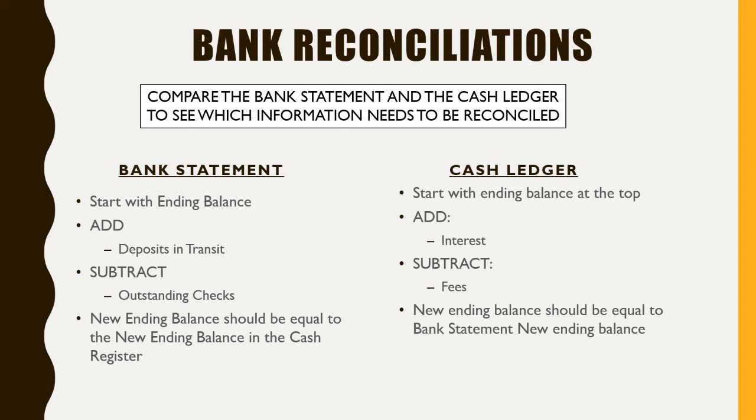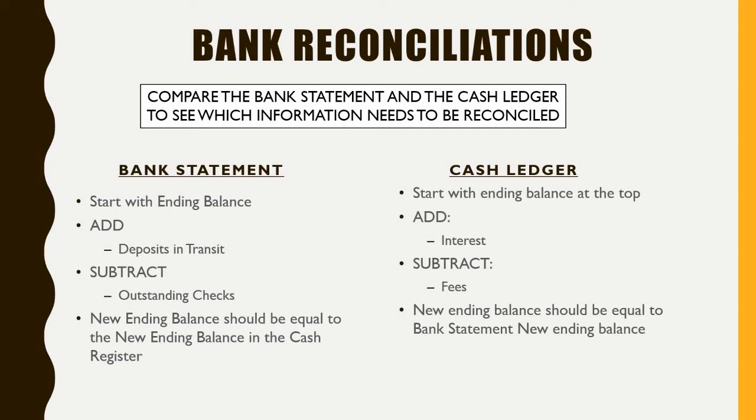Okay? Now, of course, when we look at the bank statement side, we're always going to start with what the ending balance says on the actual bank statement. And then, if the bank doesn't know that we made some deposits, you're going to add money to the bank account because at the end of the day, that money will eventually clear.